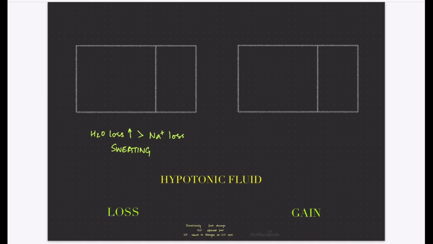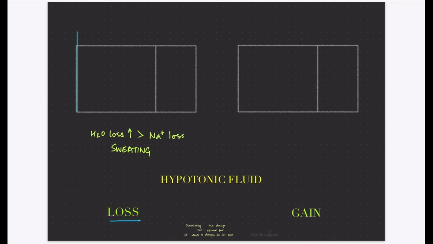Loss is hypotonic. That means a lot of solute is left in the body. That would mean that the osmolarity of the body is now higher than it was before because the fluid component is gone. So the solvent is less and the solute is more. So the concentration is higher now and the osmolarity is going to increase over here.